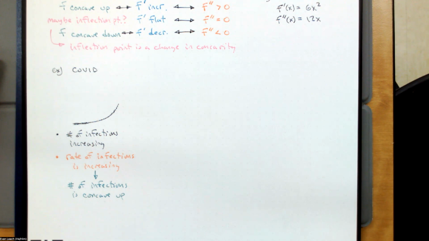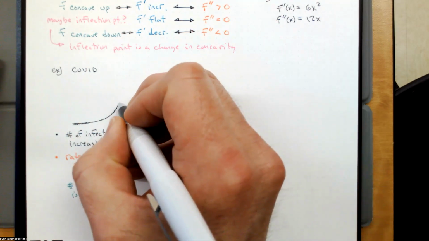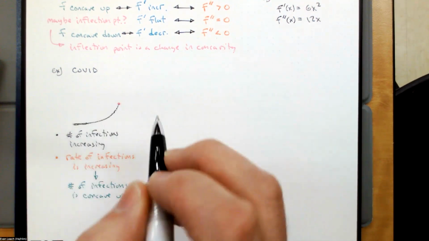At a certain point, we get to what's called an inflection point. At the inflection point, the number of infections is still going to be increasing, but the rate of infection will start to decrease. So hopefully at a certain point, we get to an inflection point.